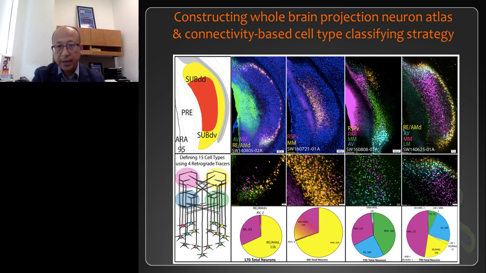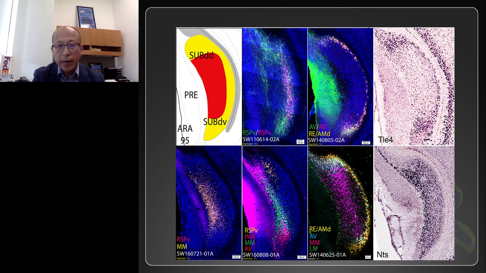We characterize their different populations based on their projection targets. And then we can match them with their molecular domains. So this is ongoing work, and hopefully in the future, we can also use a different approach to look at exactly the same neurons and look at which molecular markers they express.